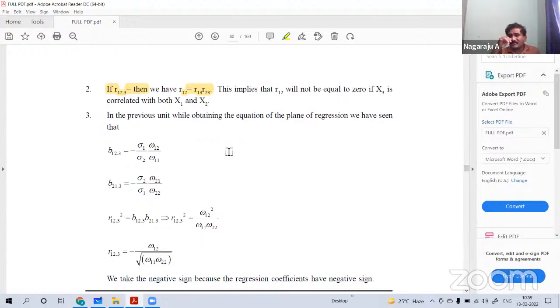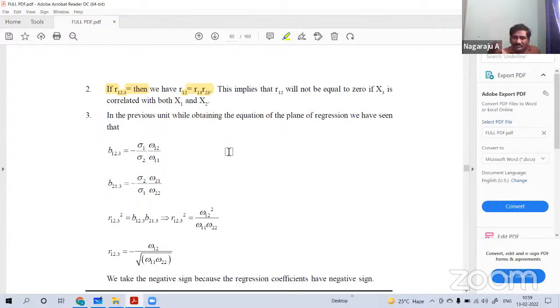It is the three variable regression equation, from the calculation point of view. The regression equations we have seen, the coefficients b12.3 equal to sigma1 by W12 divided by sigma2 by W11, with a minus, and b21.3 equal to minus sigma2 by W21 and sigma1 by W22.